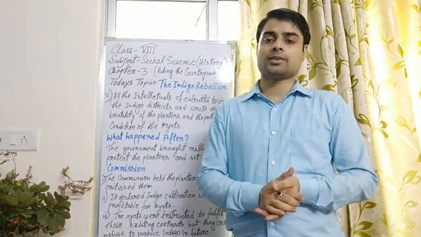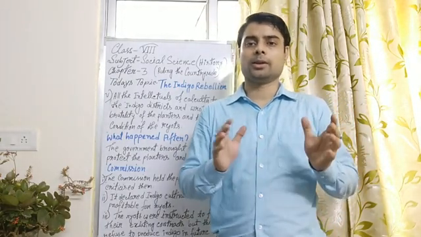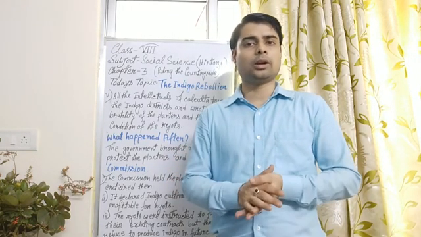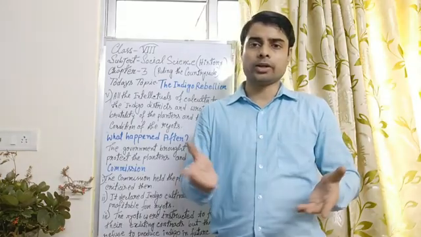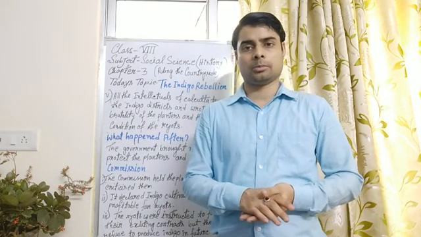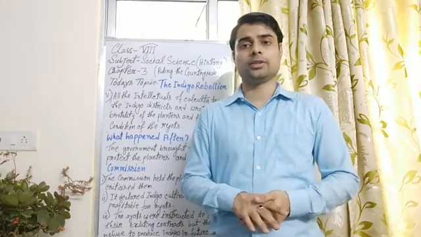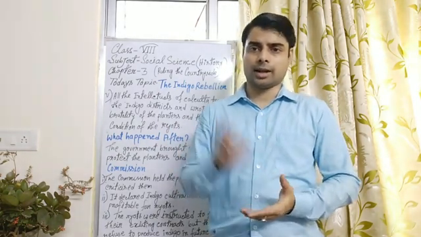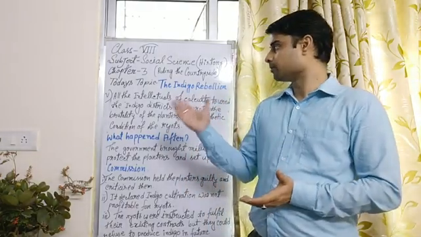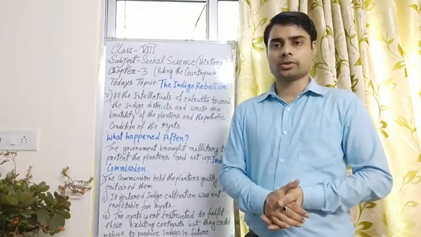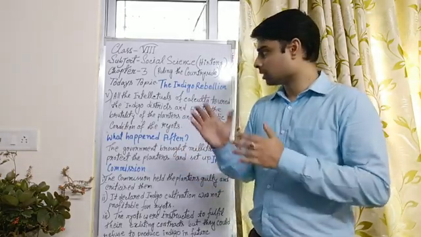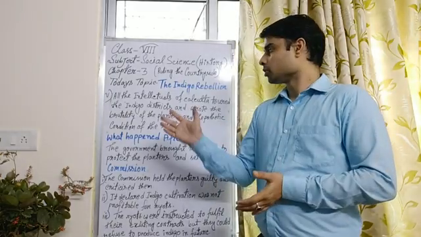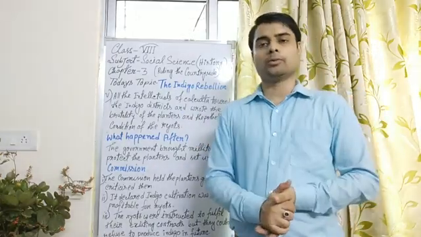As well as that, in the 19th century, when synthetic dye was discovered, indigo cultivation became irrelevant. There was no need to cultivate indigo in the agricultural fields, because synthetic dye was already being produced in the laboratory in England. So in this way, indigo cultivation stopped in India. That's all from today's subunit, the Indigo Rebellion and after.